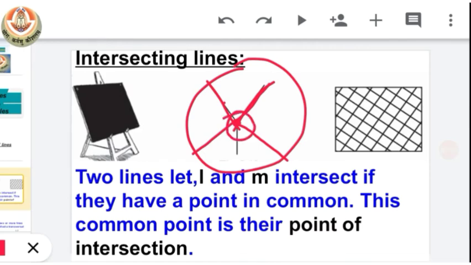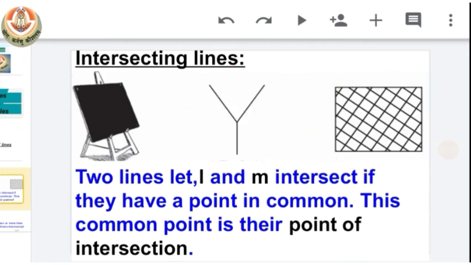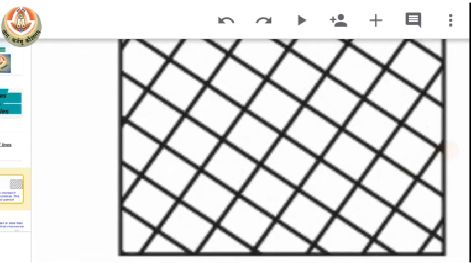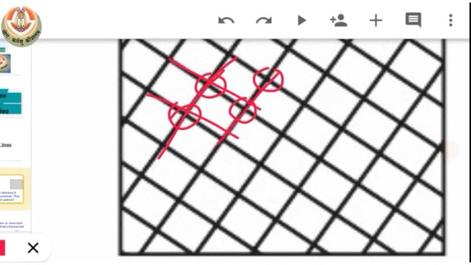Similarly, you can see in this figure there are various intersecting points for all the lines. Let's see closely. All these points are intersecting points where various lines are intersecting.